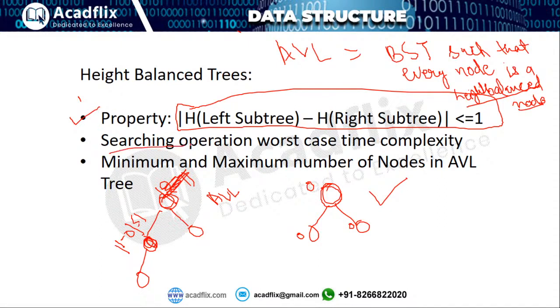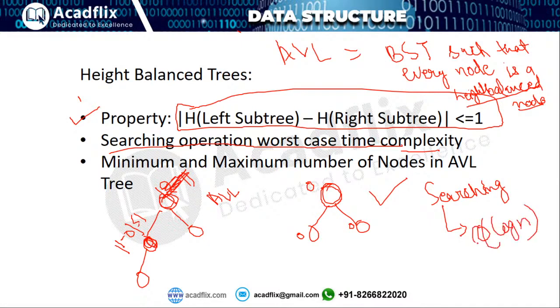Now what is the searching operation in worst case time complexity? If I have an AVL tree, which is a height balanced tree, then in that particular case my searching operation can be performed in a much better way, and even in the worst case it will take order of log n time only. Fine.